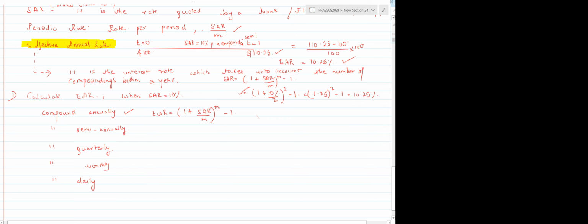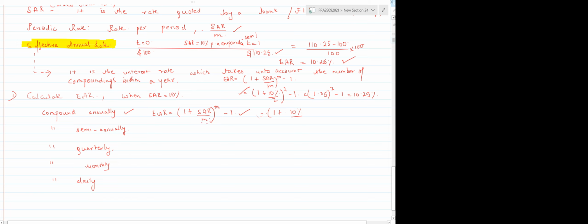Okay, so now after having discussed this, tell me what would be my EAR if I compound annually, semi-annually, quarterly, monthly, daily. Sumit is right. When we compound annually, my EAR would be 1 plus 10%. Tejas, what would be my M when I compound annually?